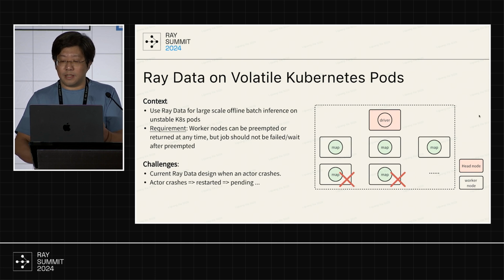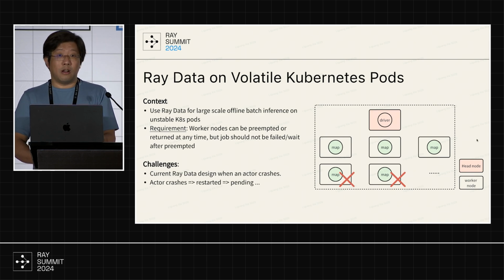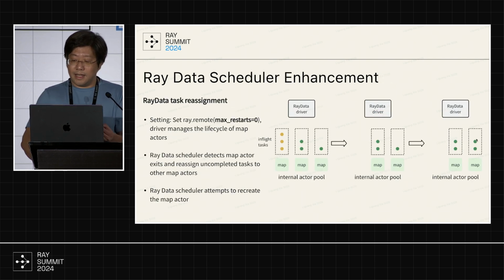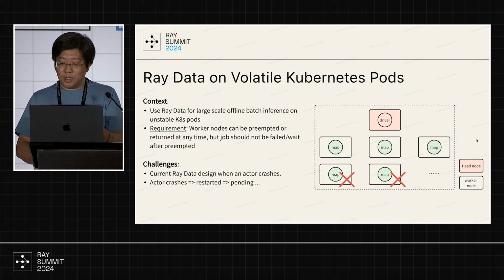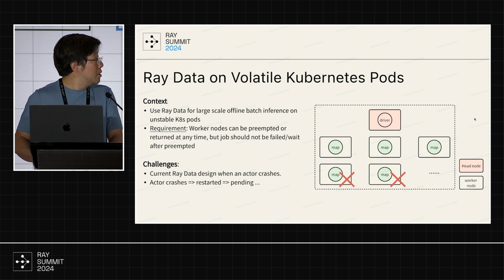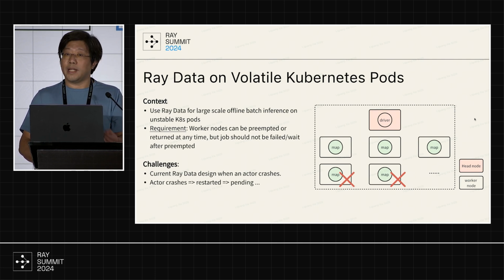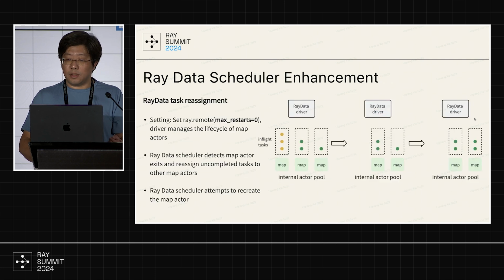But in the current Ray Data design, when an actor crashes, the system must wait for the actor to restart, and it will stay in pending status until the requested resource is supplied. If the resources are insufficient, the actor will remain in pending status. So in the next slides, we're going to propose some enhancements to Ray Data to further address those issues.